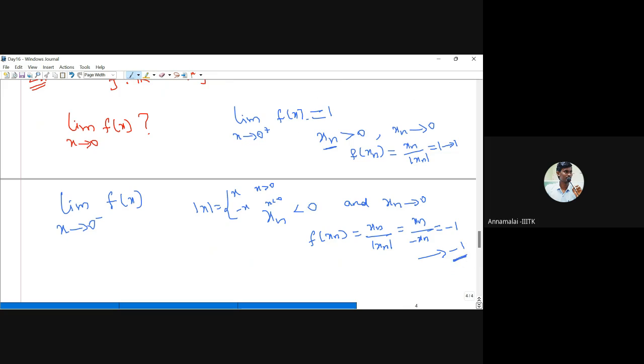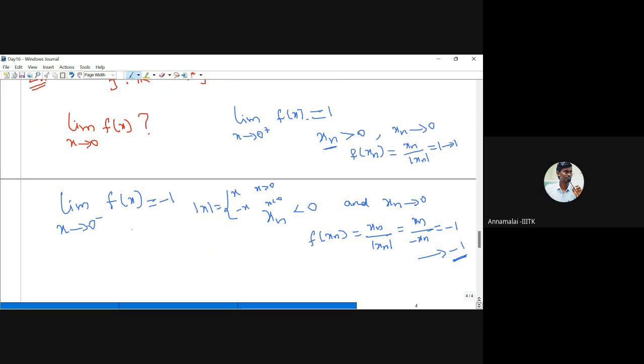Therefore, this is the left hand limit of the function at the point 0. Now, both the right hand limit and the left hand limit exist but are not equal. Therefore, the limit of the given function does not exist at the point x equals 0.